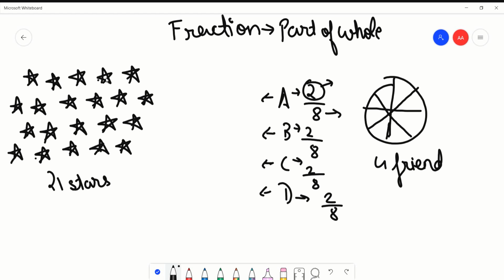Suppose 5 by 21 is given to A, 6 by 21 to B, similarly 5 by 21 and 5 by 21 to C and D. If we total all these, 5 plus 6 plus 5 plus 5, it comes out to be 21 stars.